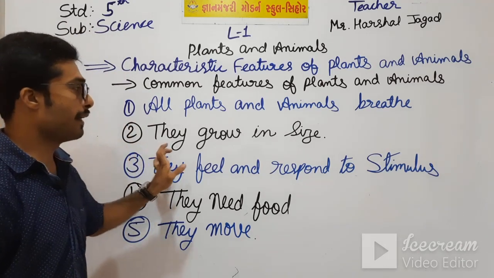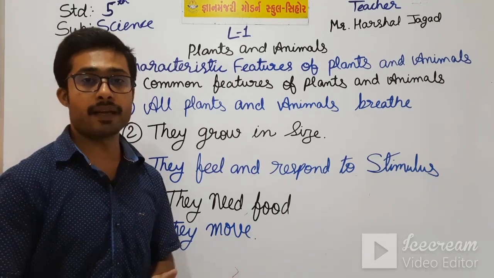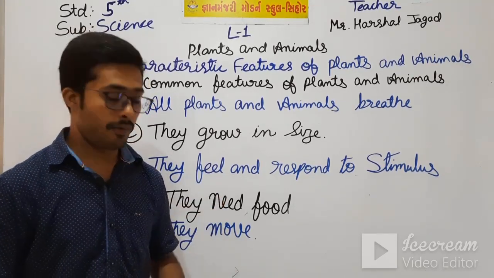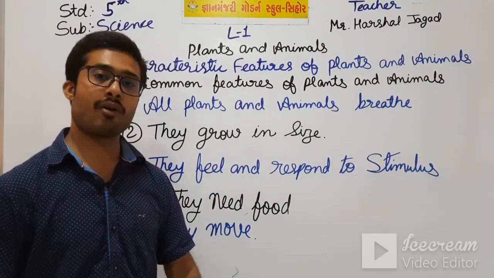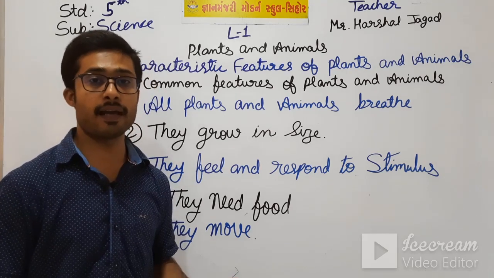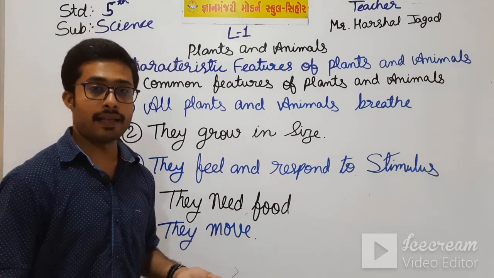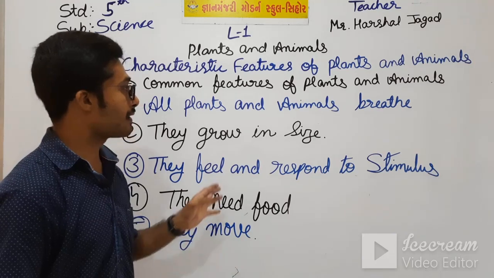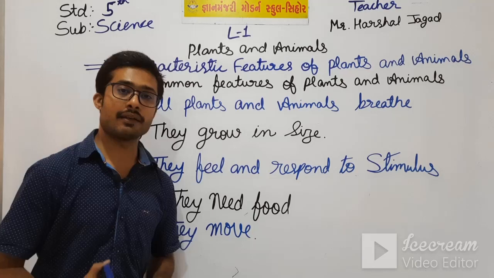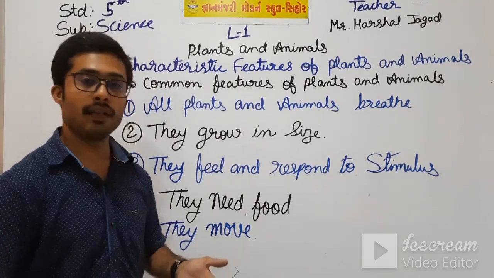Second point, they grow in size, means they grow bigger, like animals also do. When we cultivate a plant or crop or a tree, it is small. As time goes, as we water it and due to the sunlight, the tree or plant or crop will grow up. As the animal, when it is born, it is small. As it eats food and all the things, it will grow.